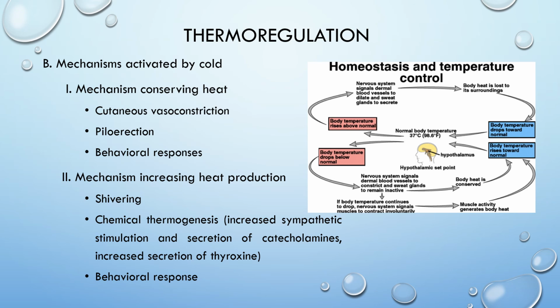The first one is the mechanism to conserve heat, where cutaneous vasoconstriction will occur, or piloerection, erection of the hair on the body, and the behavioral response to conserve heat, for example, curling up. And the second mechanism to increase heat production is, for example, shivering, continuous contraction and relaxation of the skeletal muscle, or chemical thermogenesis, for example, an increase in sympathetic stimulation, an increase in secretion of catecholamine or thyroxine, all of which will initiate heat production in the body.